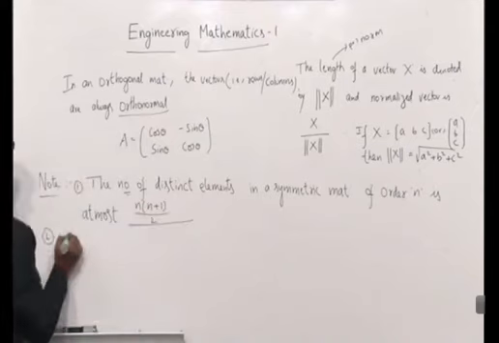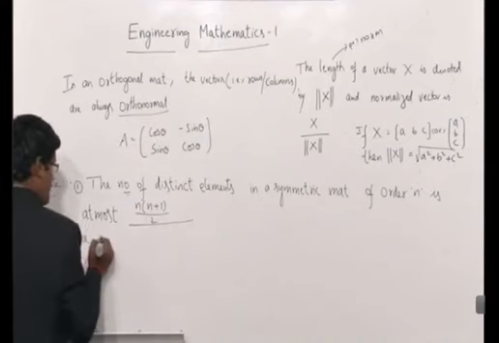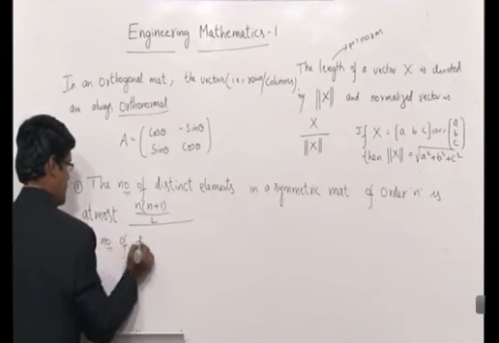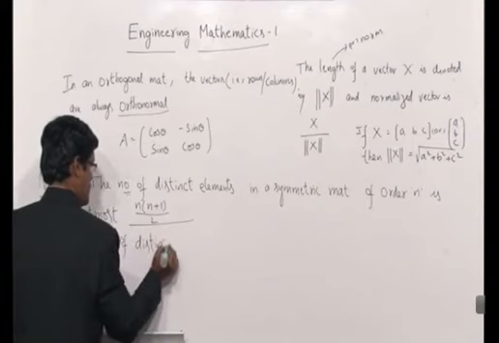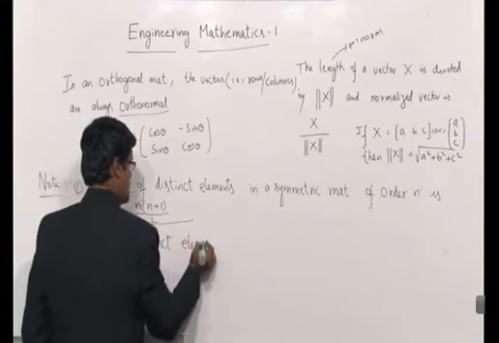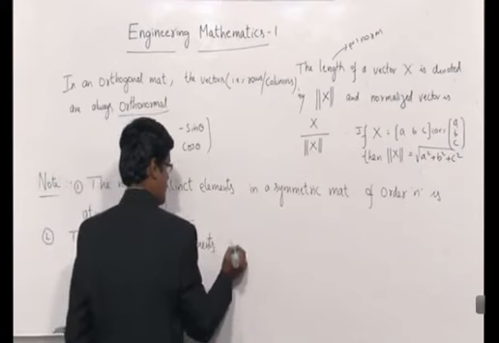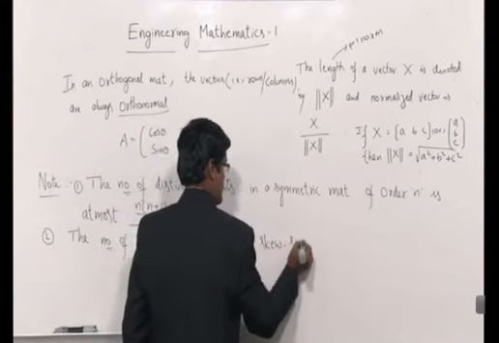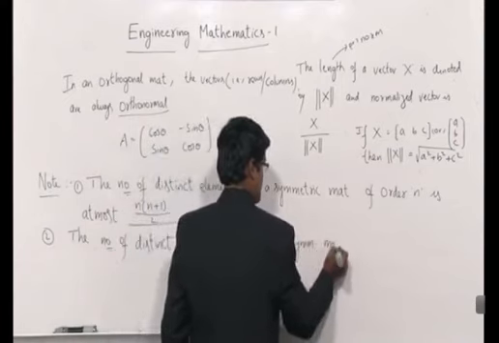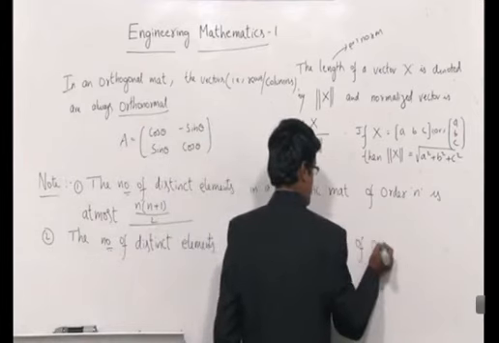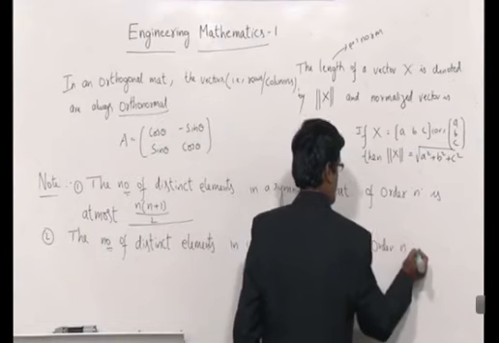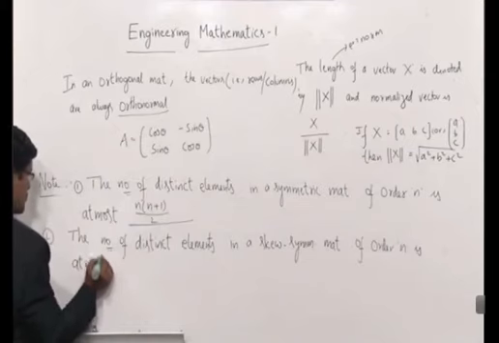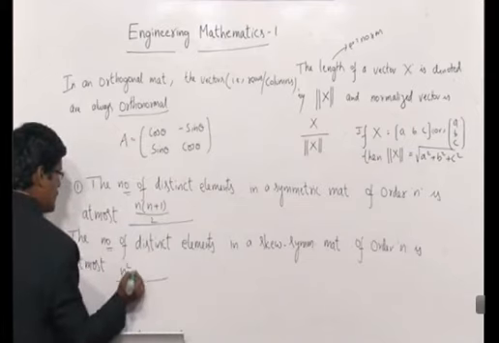Second, the number of distinct elements in a skew symmetric matrix of order n is at most n square minus n plus 1.